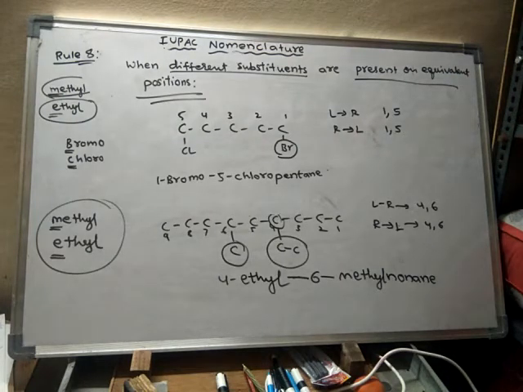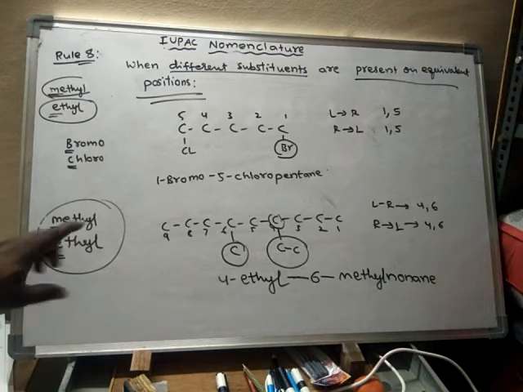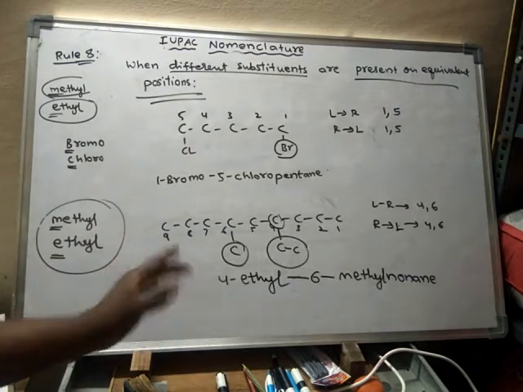Here, numbering is done in such a way that the group which comes first in the alphabetical order gets the lowest number. Out of these two, this group comes first in the alphabetical order, hence it will get the lowest number. Under which condition?